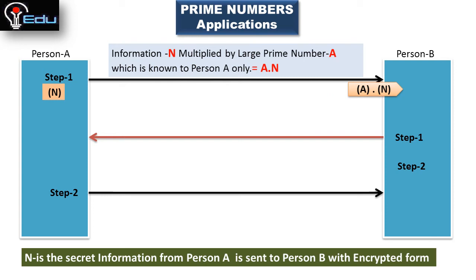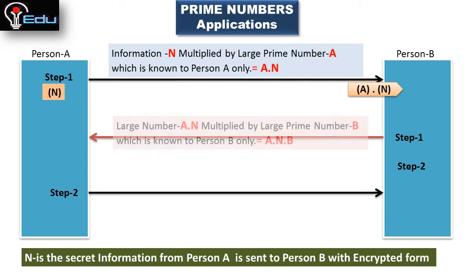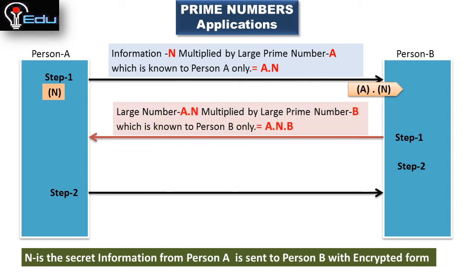Person B receives the product AN, and again multiplies it by a large prime number B, which is known to person B only.